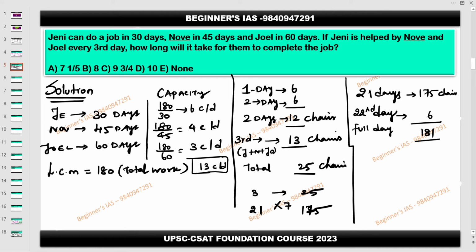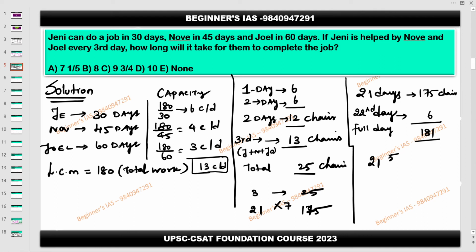What do you have to do here? Going with options. Yes, going with the options is one method. 21 days, and then 5 by 6.